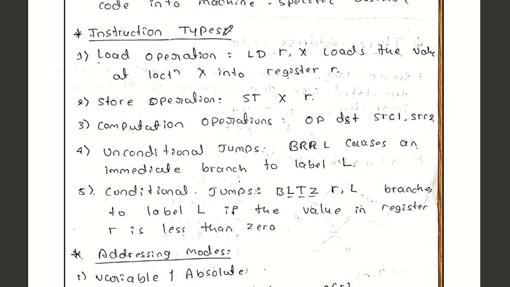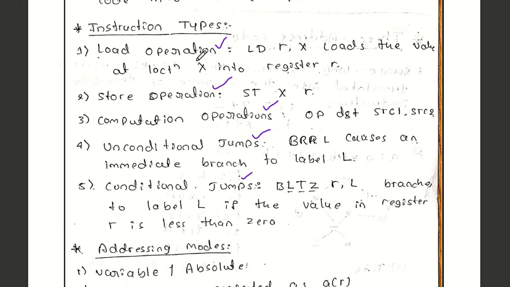The instruction types are 5 types: load operation, store operation, computational operation, unconditional jump, then the fifth one, conditional jump. So simple, very common types are there. If you understand these types, you will be easily able to write.